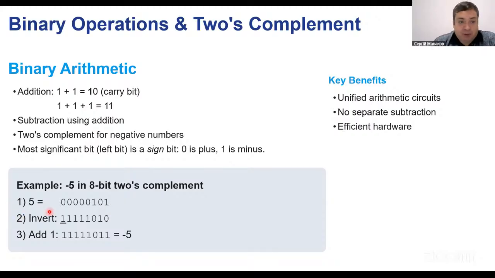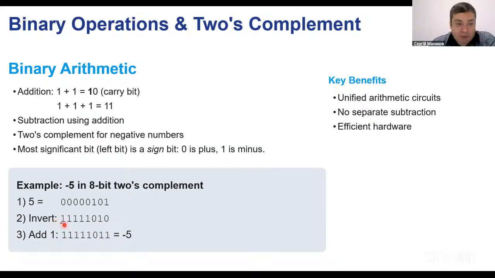First step, to get 2's complement, we just have to write down our 5 in 8 bits. We already know why it is 1 0 1, because 2 power 0 is 1, and 2 power 2 is 4. 4 plus 1 makes 5. Okay, next simple step, we just have to invert this 5, to change zeros to ones and ones to zeros.